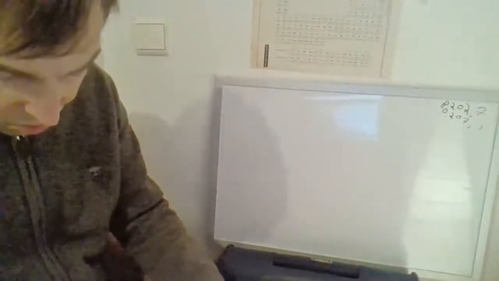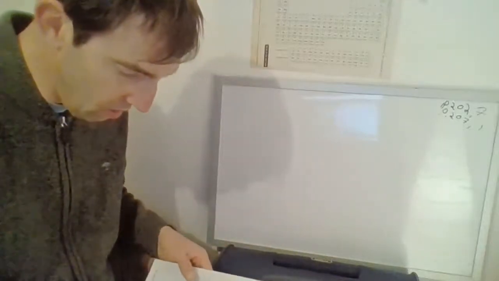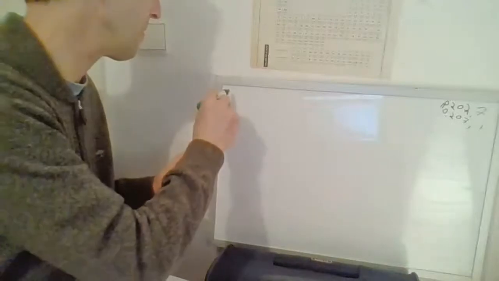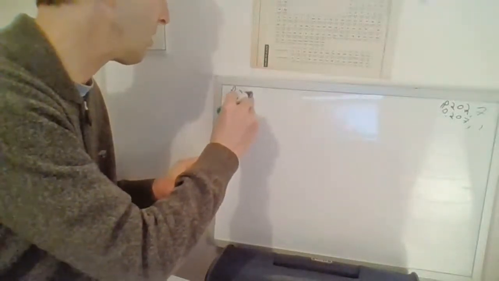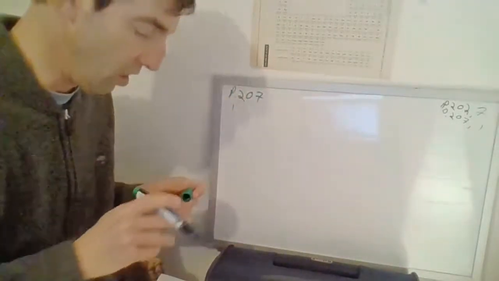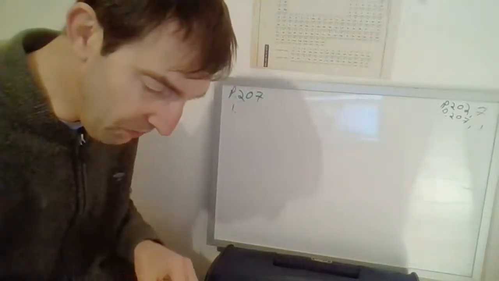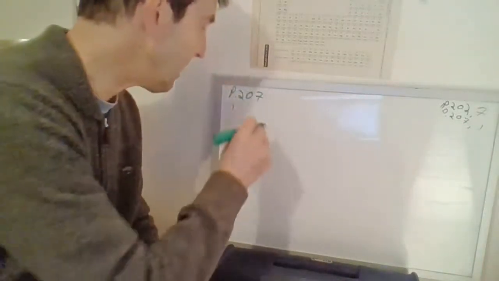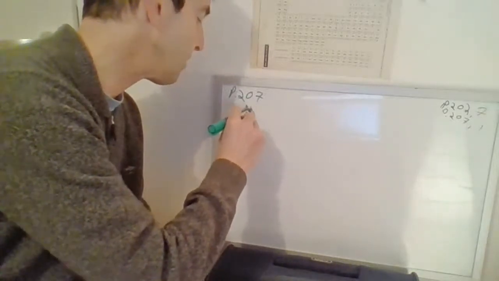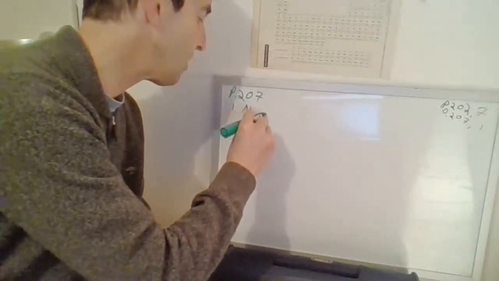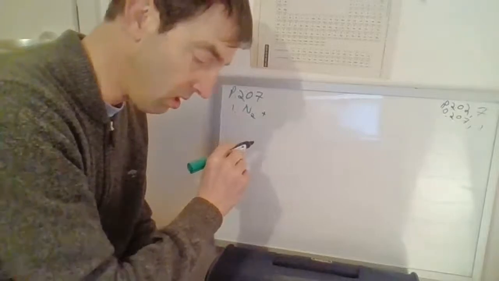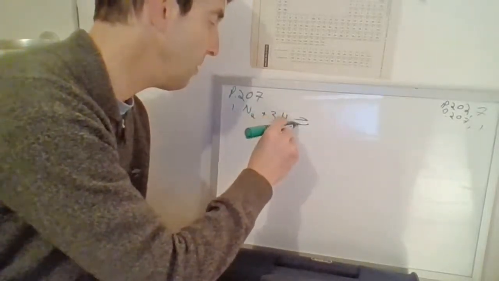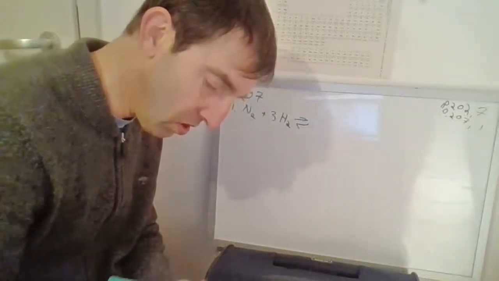So let's go to page 207. Number 1. And it says, get the Gibbs free energy from this equation: N2, to make ammonia, plus 3H2 forms 2NH3.